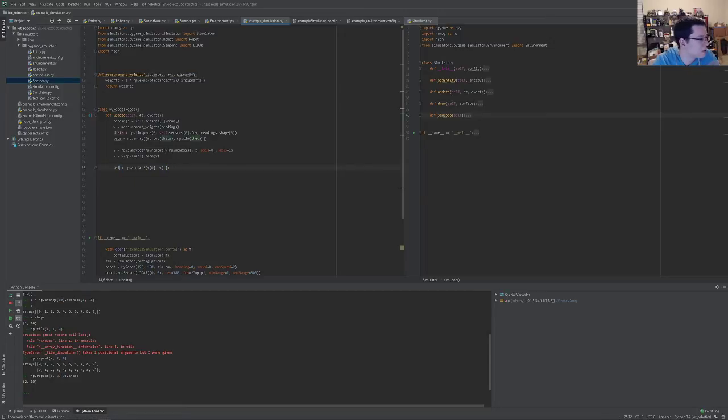This will be self.heading, add the angle. I think that's probably right. It may be backwards. Yep, I think it is backwards. I'll go ahead and change that.